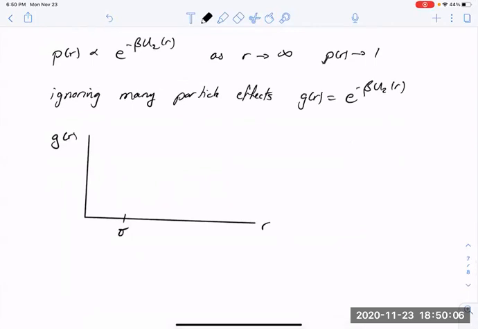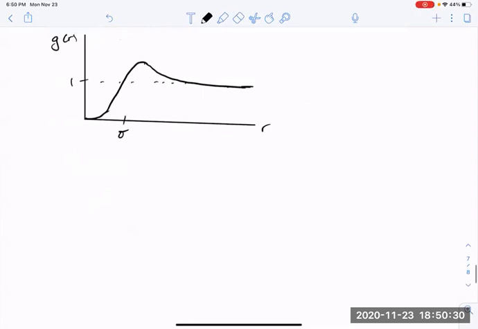So we would find, that's a little tilty, something that starts at a small value, then is peaked, and then plateaus to 1. All right, so that's a reasonable model for a gas of something like argon.